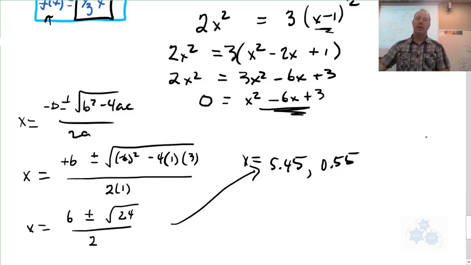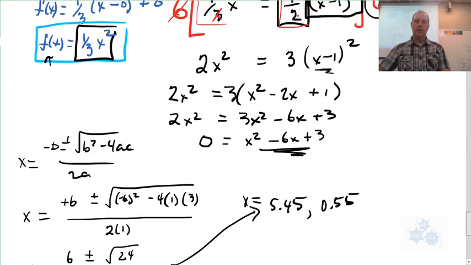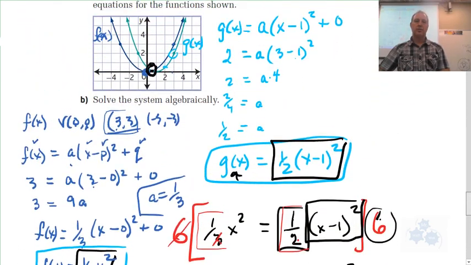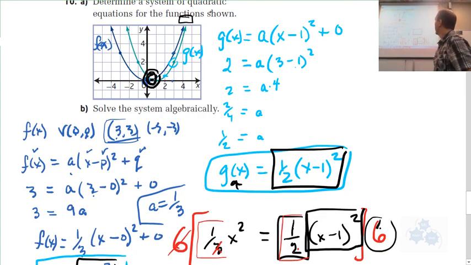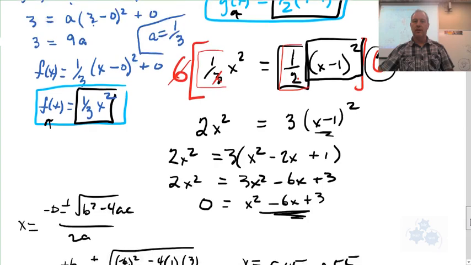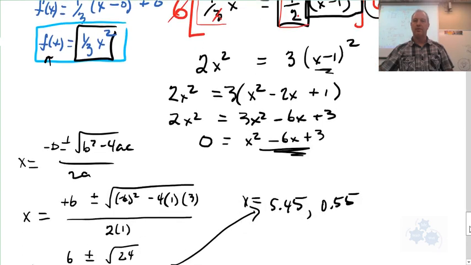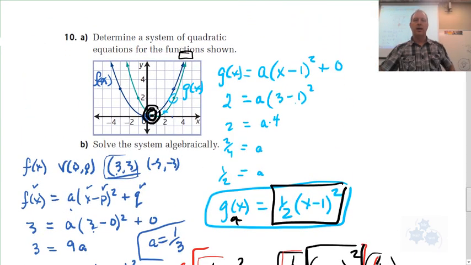Okay? And so those are the x values for our solution. Now notice, here's one solution, but off the chart here, there's going to be another intersection point way up there. You guys see that? So that's where we get the second one of 5.45. So those are your x values.